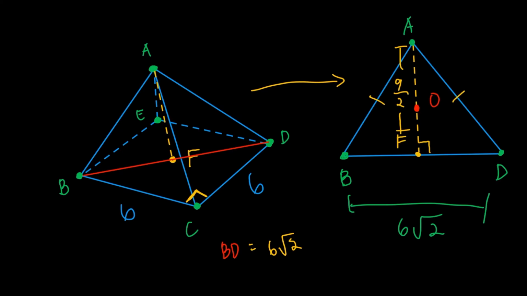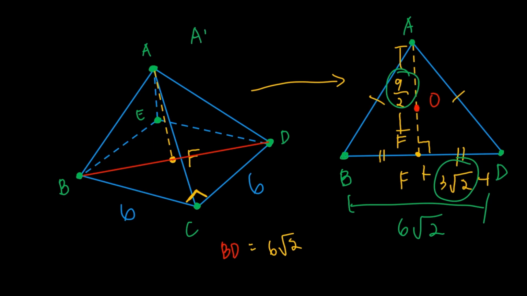So we do have AB equals AD. So isosceles triangle ABD with an altitude of AF, technically, it's going to split BD into 2 equal parts. So, this is point F, FD would be 3 square root 2. The height is 9 halves. So 9 halves and then the 3 square root 2, that's going to allow us to get AD.